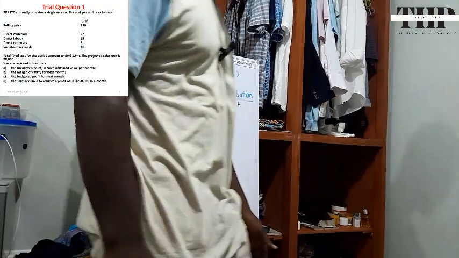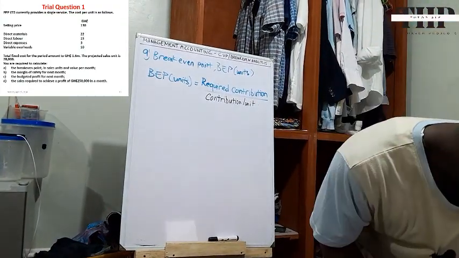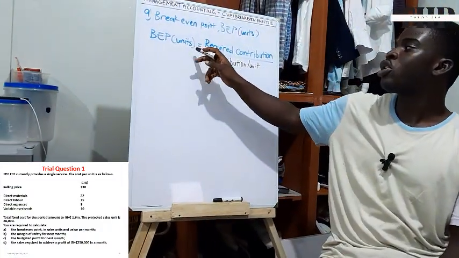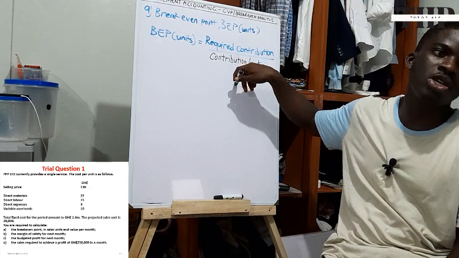So now the question becomes, what is the required contribution in the question? It's equal to the required contribution over the contribution per unit, right?